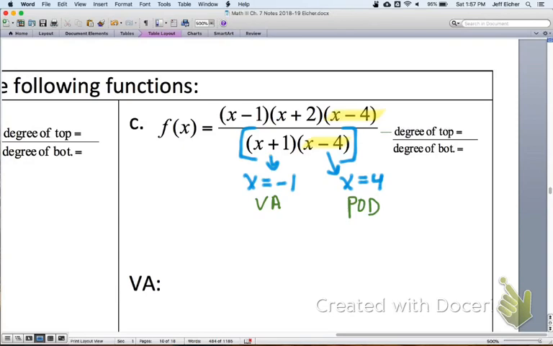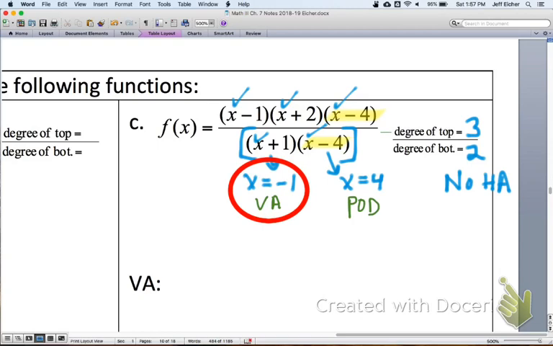The degree of the top, we have an x and an x, so that would be degree 3. And in the denominator, we have an x and an x, that would be a degree 2. So we have no horizontal asymptote. So we have a vertical asymptote here.